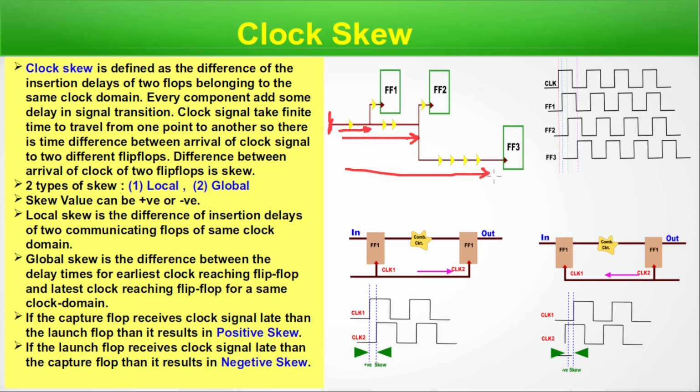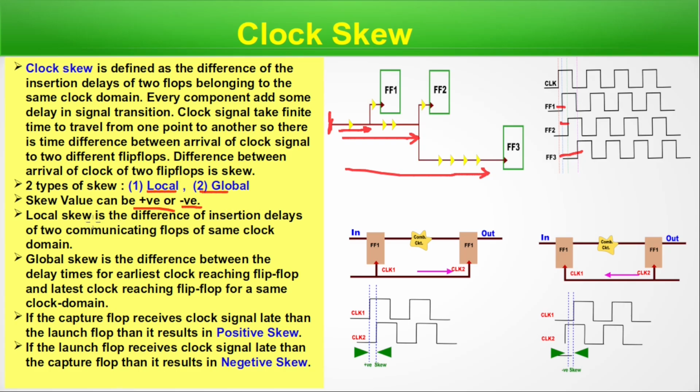The clock signal will be delayed to reach here and here compared to this flip-flop. At flip-flop 1, there will be this much delay. At 2, a delay is there. That is clock skew. There are two types of skew, local or global, and the value could be positive or negative.